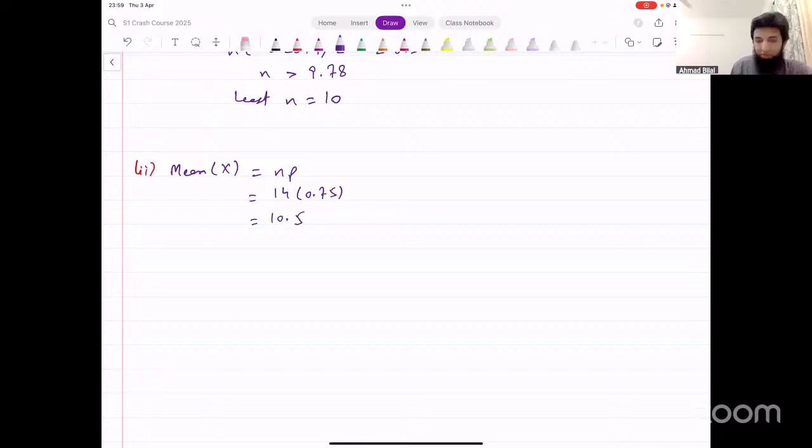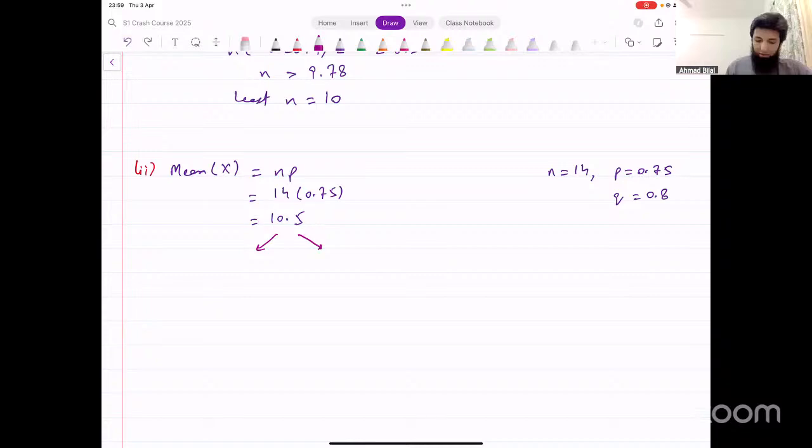Okay, that's the value that we get. Remember, it's a binomial distribution with n equal to 14, p equal to 0.75, and q equal to 0.25.